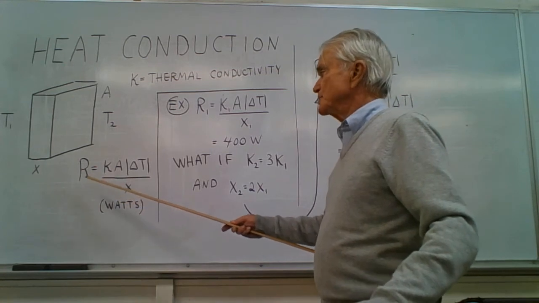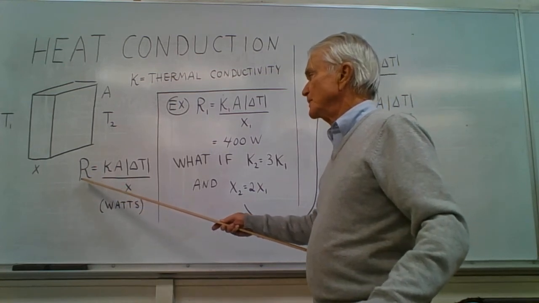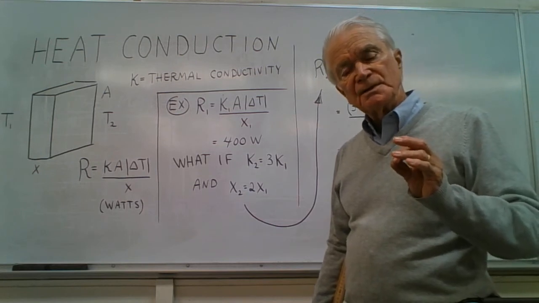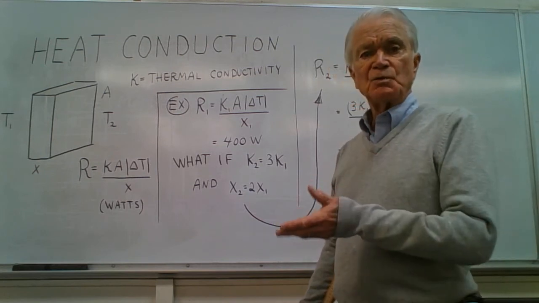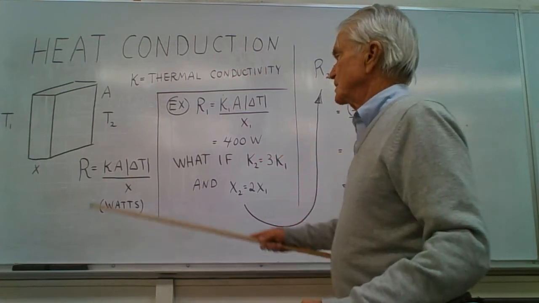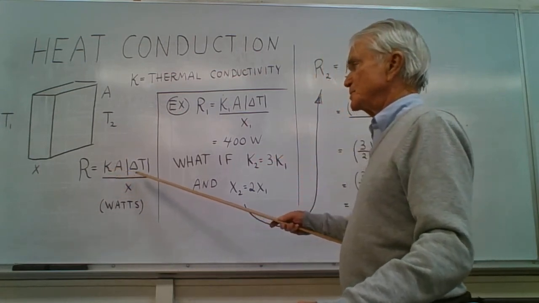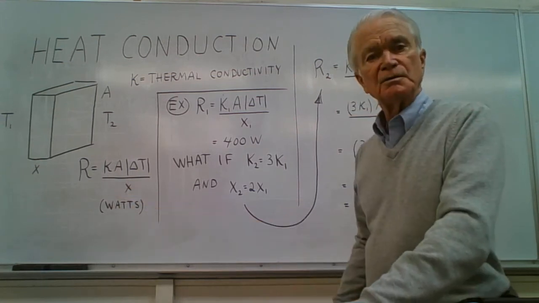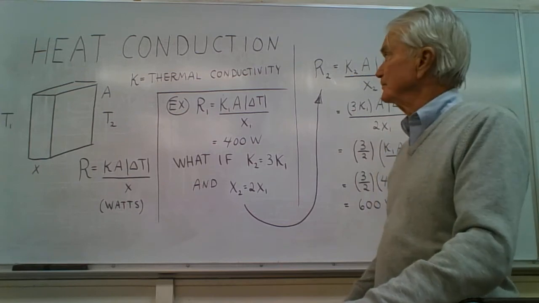The rate equation, R, will tell you how many joules each second pass through the wall from the bedroom to the outdoors. Ka times the absolute value of delta T divided by the thickness, the equation you saw in the previous part.